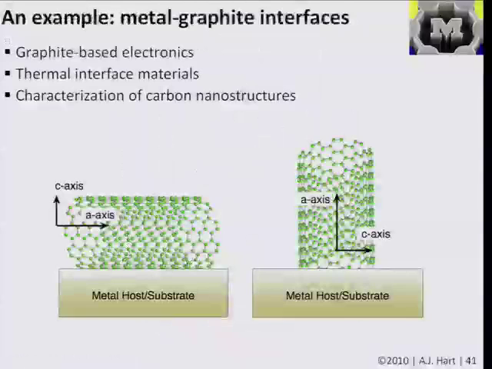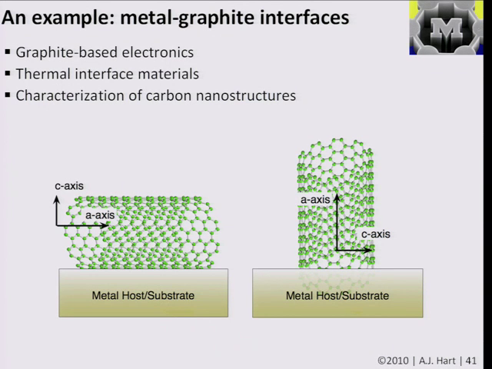So let's talk about a couple of examples where this might be important. One is interfaces between carbon and metals. So we've talked a lot about nanotubes in this class. You also see things like graphene or graphene-based electronics. And the idea is anytime you have either a nanotube or a piece of graphene in contact with a metal, there's going to be this effect.